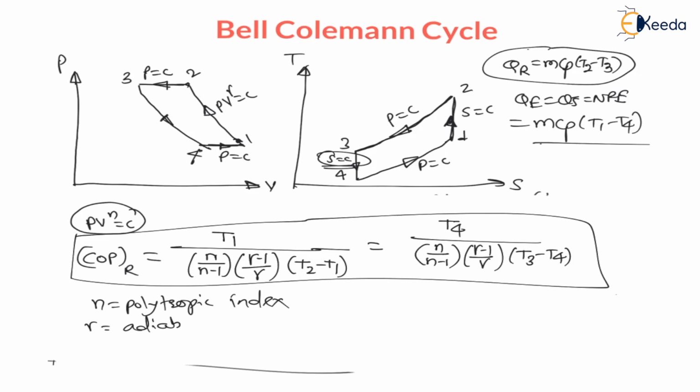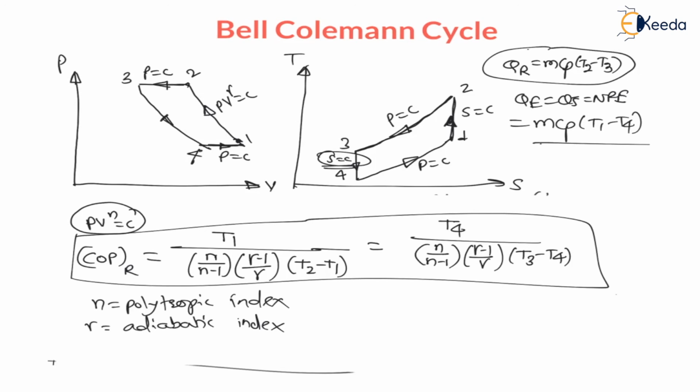And my dear students, in the GATE examination, till now they have not asked a question to find COP of Bell-Coleman cycle for adiabatic compression and expansion. So I am not taking the derivation of this equation here, and this derivation is not that important for competitive exams.